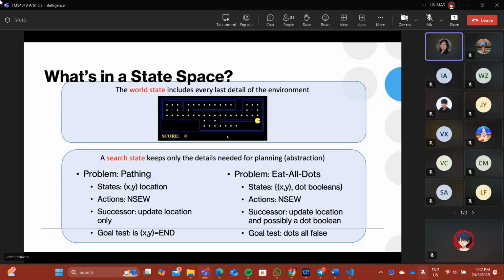So the goal test is dots all false, all 0. It's a bit different, it depends on your problem. Depending on your problem, you will look at your search state accordingly.